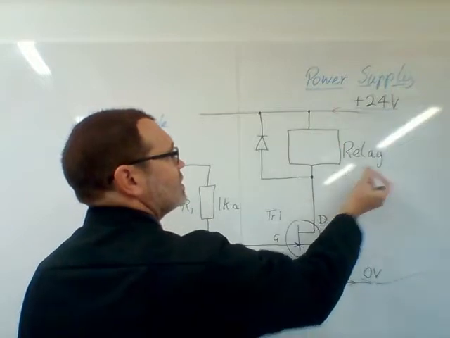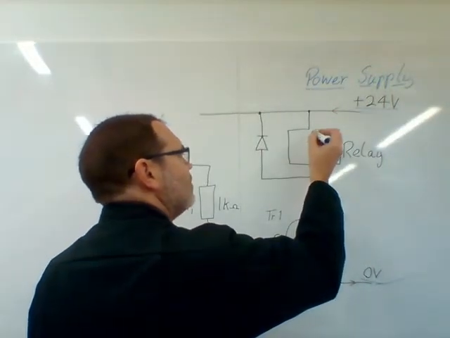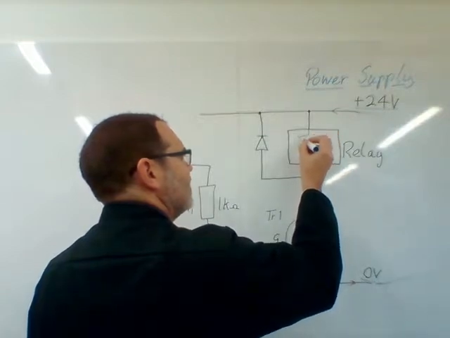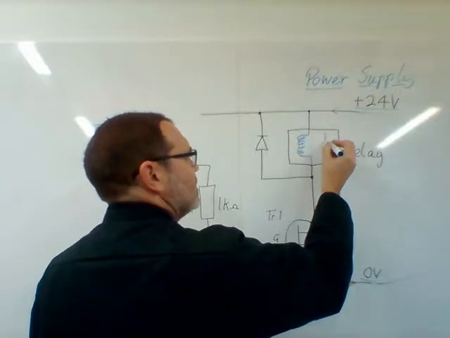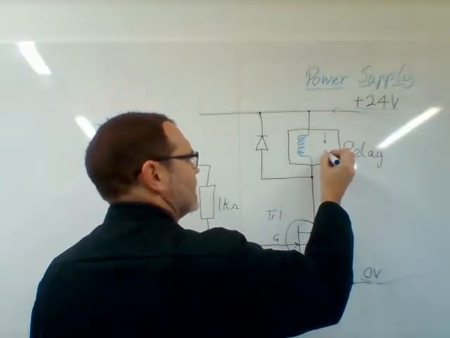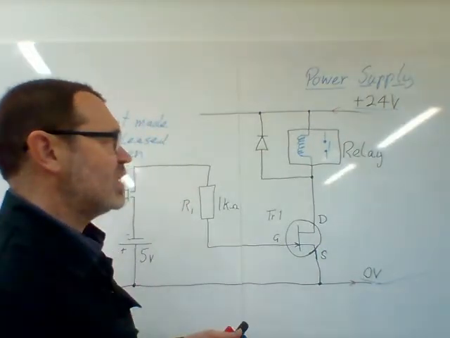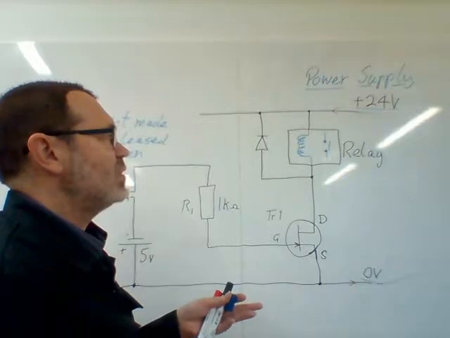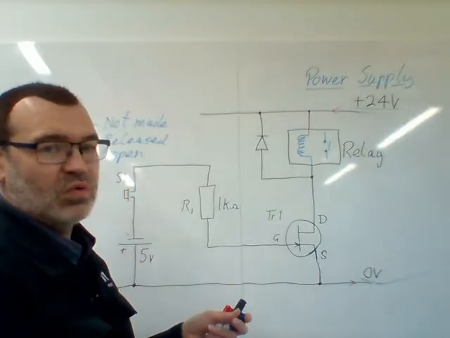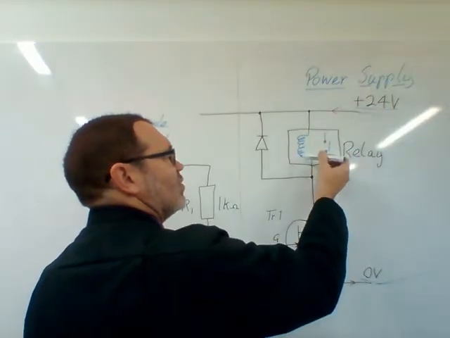Coming down here, we've got a box that's labelled relay. We've got no idea what's in the box, but it must have a very large coil of wire that creates a magnetic field, and that will operate a set of contacts somewhere inside the relay. What we don't know is whether those contacts are normally open or normally closed. So instead of talking about the relay being on or off, or the contacts being open or closed, we'll talk about whether current's flowing through the coil or not.